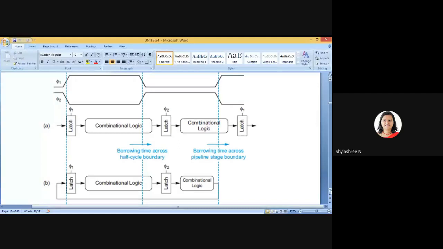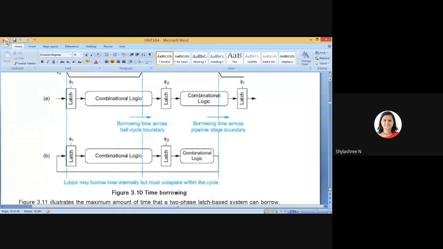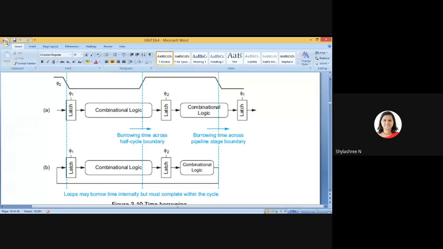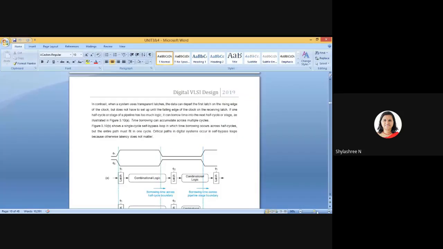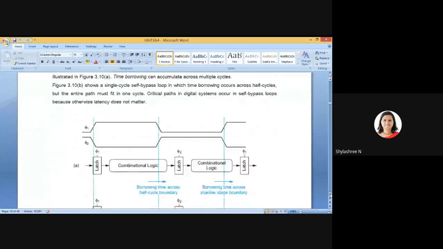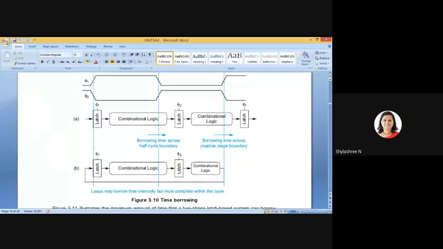So look at this circuit diagram. I am going to explain the concept of time borrowing.